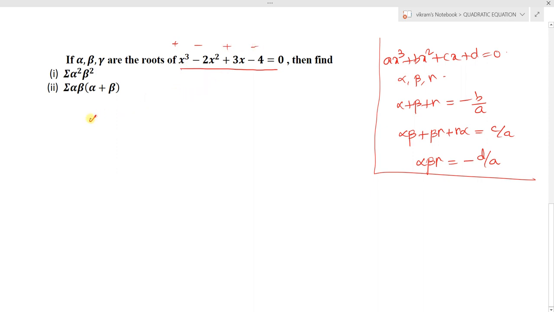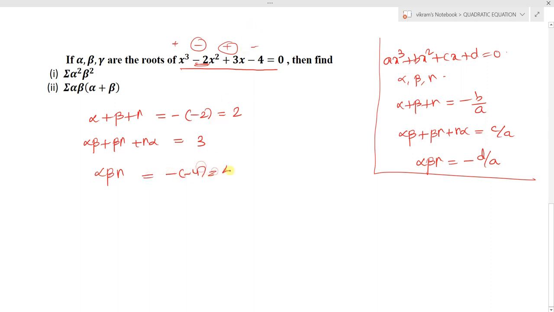We can write the sum of the roots alpha plus beta plus gamma as minus of b, and here b is equal to minus 2, which equals 2. Next, alpha beta plus beta gamma plus gamma alpha equals plus 3, so it is 3, and alpha beta gamma equals minus of minus 4, which equals 4.